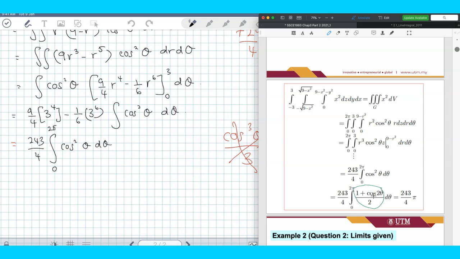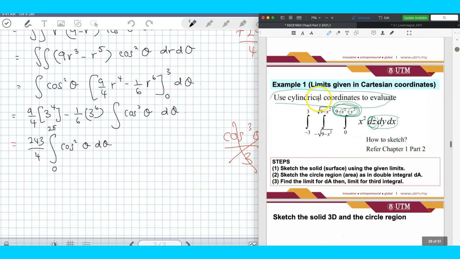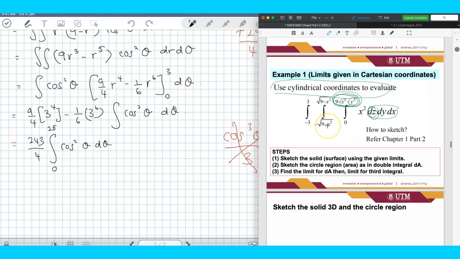Then after that, you will get this one. Please do it yourself. So that is how you can transform from the Cartesian coordinate system into cylindrical coordinates.